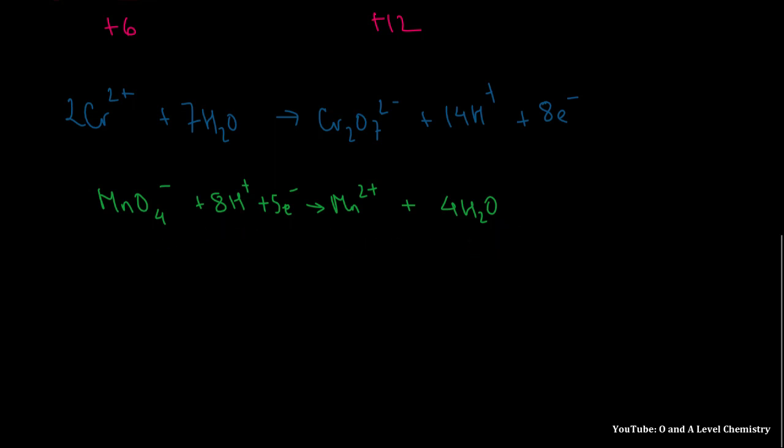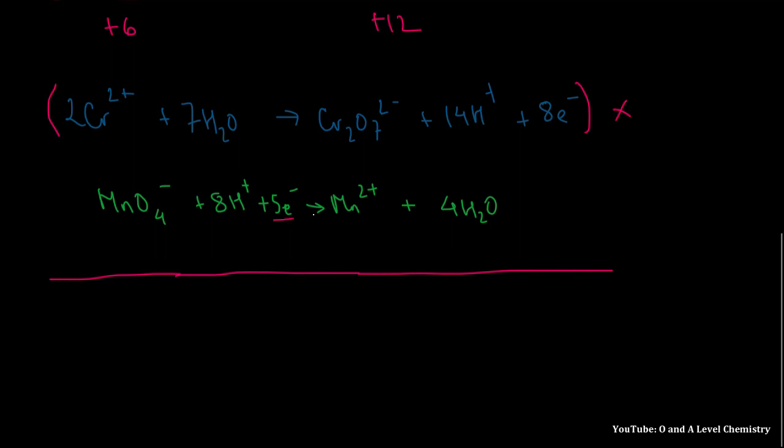Now I'm going to write the overall equation. The overall equation is when my manganate is reacting with my chromium and oxidizing the chromium, and itself is getting reduced. So in an overall equation, we cannot have electrons, right? If we just add the left-hand sides and the right-hand sides now, then I'm going to have electrons, so we cannot do that. In order to cancel the electrons, I need to multiply these equations.